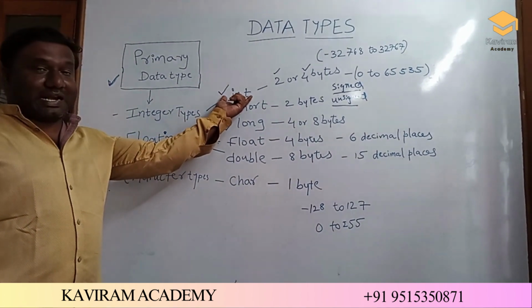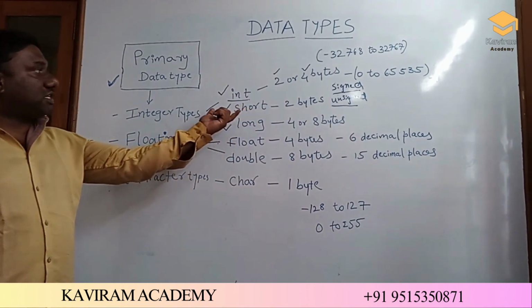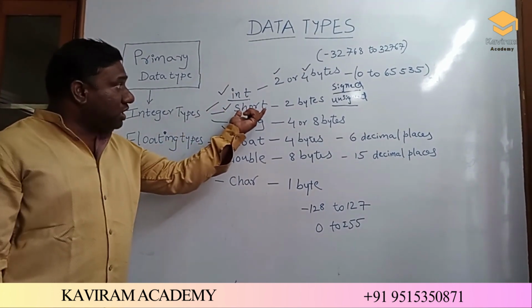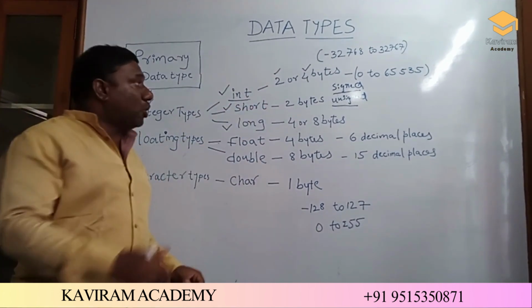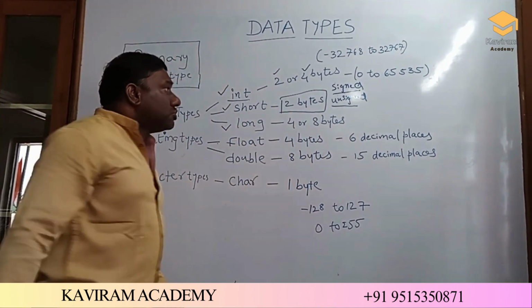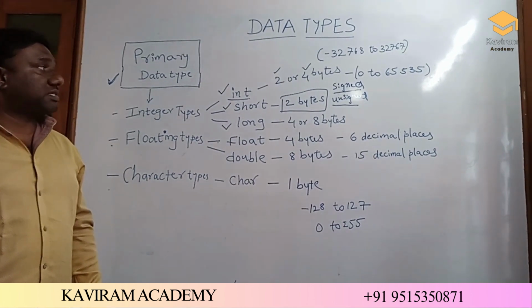So int data type can be used. Similarly, we have short. Short is also a data type we can use whenever you have a 2 byte integer value. Here also we have signed short and unsigned short.